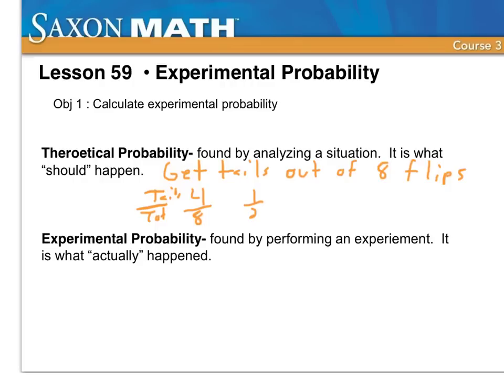Experimental probability is found by actually performing the experiment. So what actually did happen? Let's say I got tails 6 out of 8 flips.